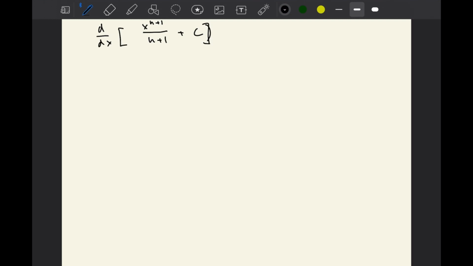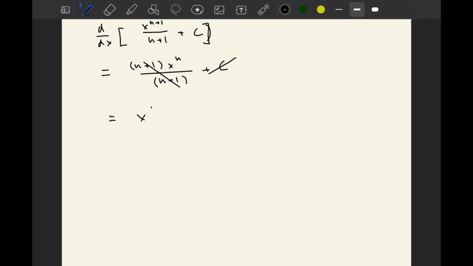Well, we know that c is a constant, so that's not even going to be part of the problem. And for the x to the n plus 1, we can just use the power rule. So it would be n plus 1 times x to the power of n plus 1 minus 1, which is just n. The n plus 1 and n plus 1 cancel out, right?